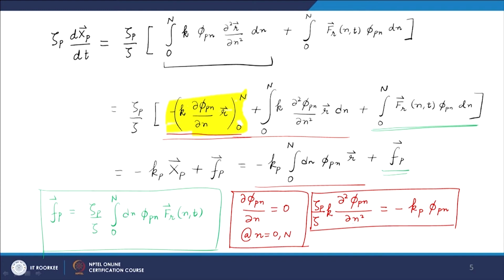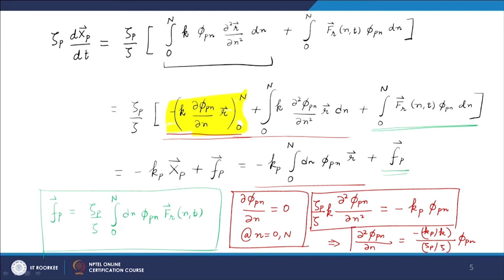Okay. So, if I look at this equation, I can also write it as something like this.